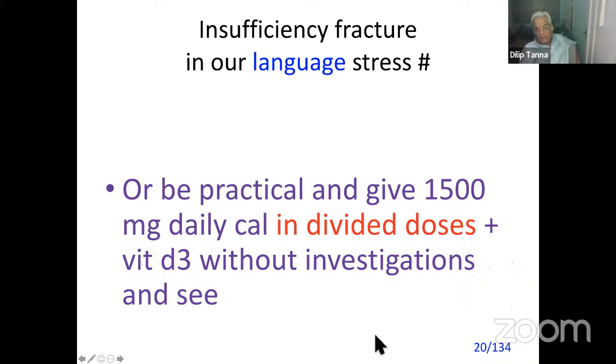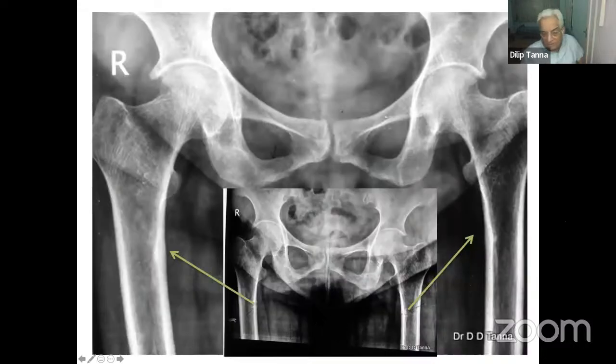So you can as well treat, as the majority of people have vitamin D deficiency. You can treat them on vitamin D and calcium therapy and see for some time. Here, this fracture in due course of time heals up completely with only the calcium and vitamin D. So this is if you are not diagnosed only by clinical ways.